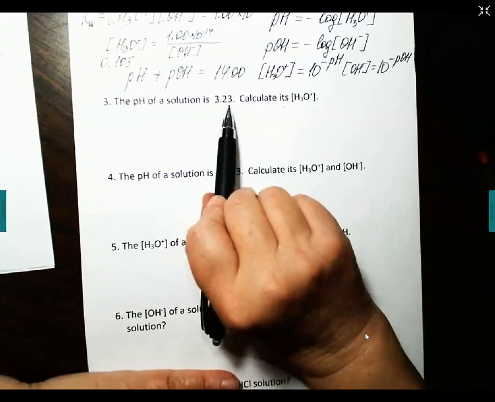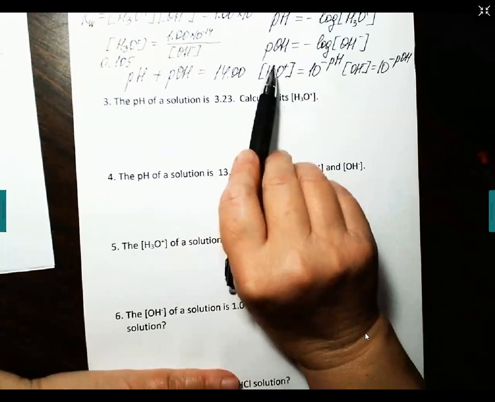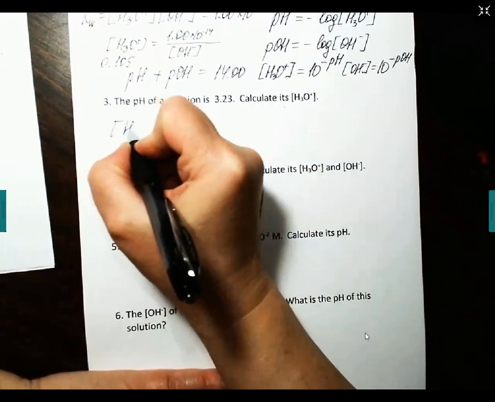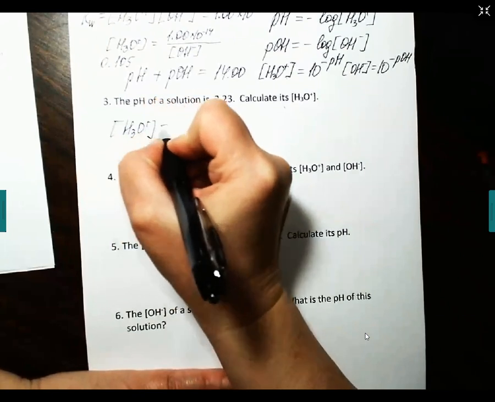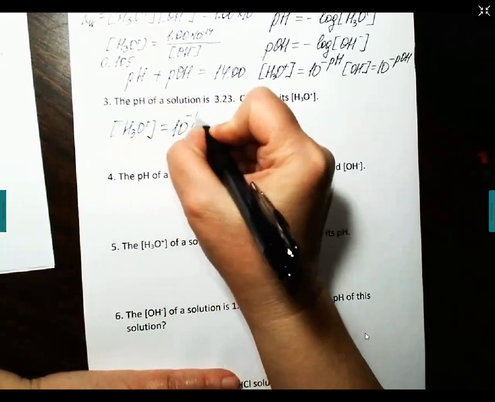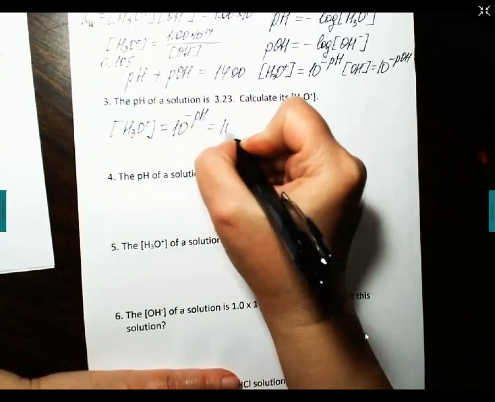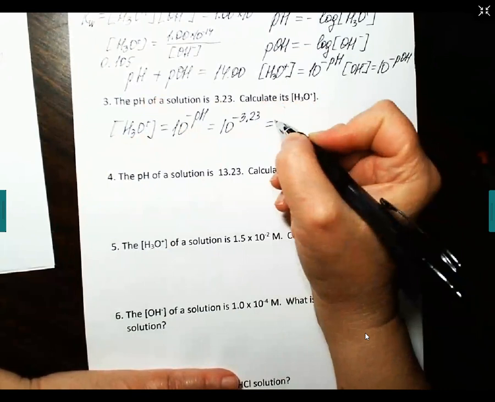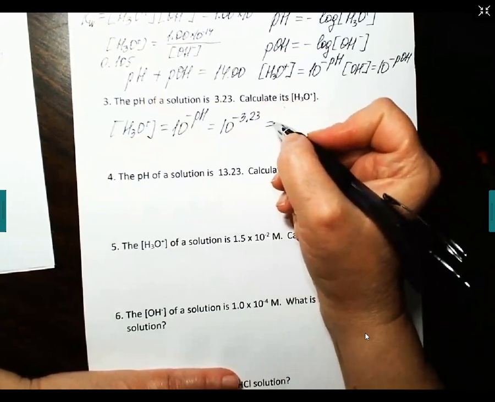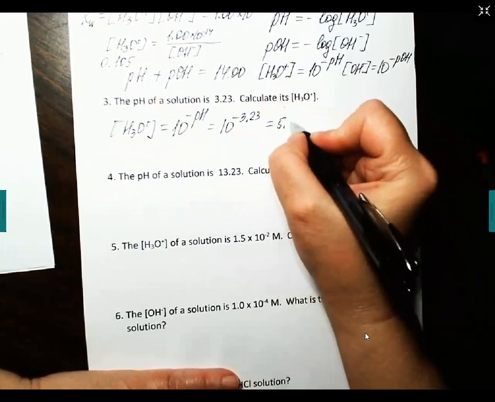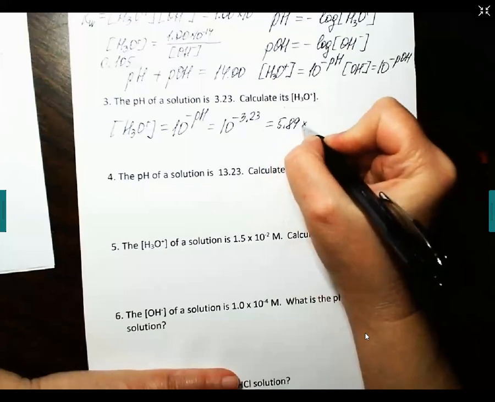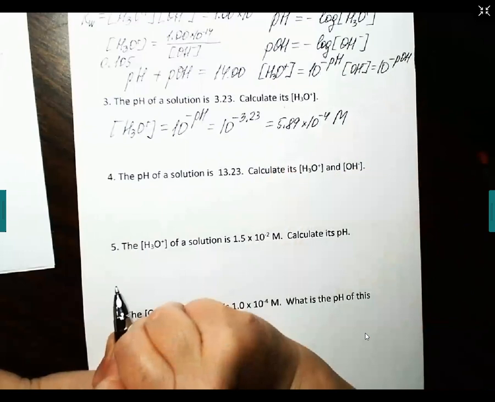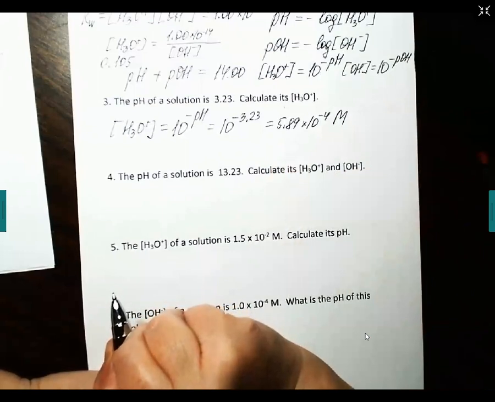So pH is given, we need to calculate H3O plus, so we'll use this equation. H3O plus is always 10 to the negative pH, or 10 to the negative 3.23, and it is 5.89 times 10 to the negative 4, and the unit is molarity or moles per liter.